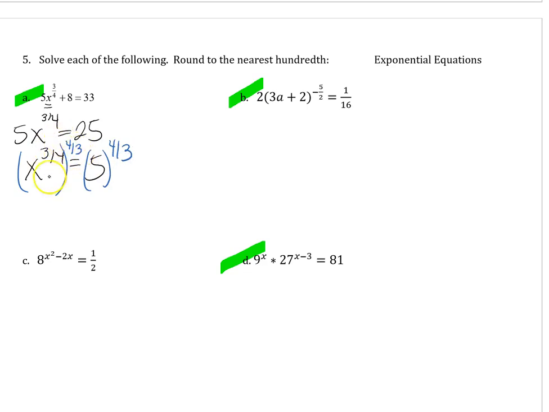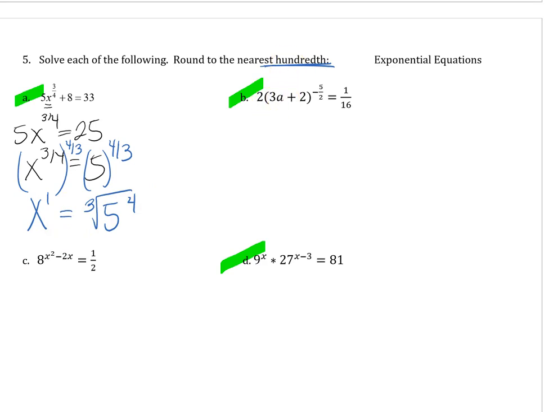Because 3/4 times 4/3 is 1, so you technically just created an x to the first. Power over root, so this would be the cube root of 5 to the 4th power, whatever that may be. This says round to the nearest hundredth, so you could just plug even this in and get it, but for sake of video time, I'm not going to do that.